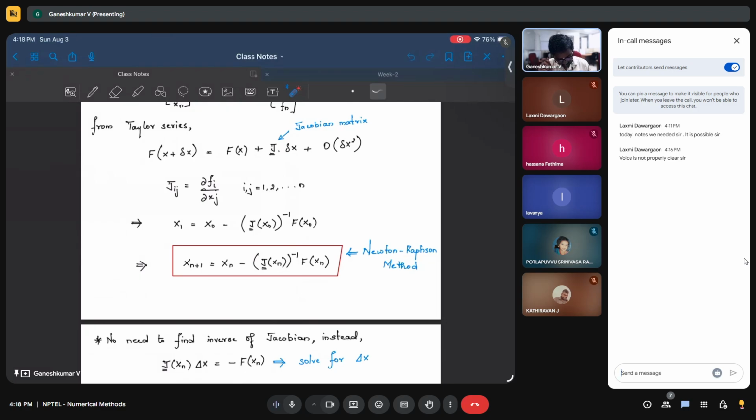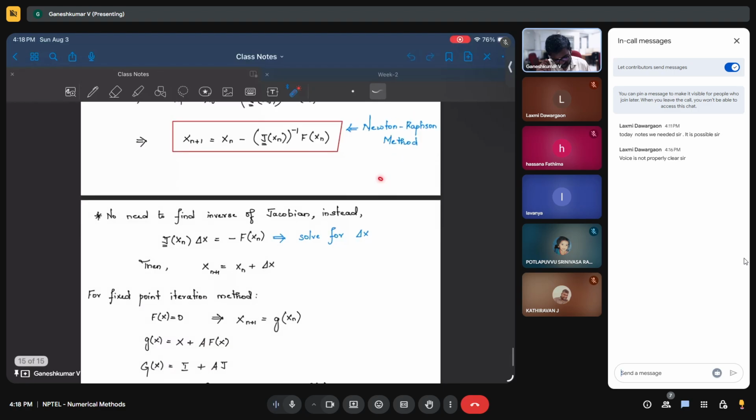So this is your Newton-Raphson method. This is your way to iterate. You use the newer xn plus 1 to update the previous xn, and then again you solve this for each and every iteration. You will end up converging your solution to the root.